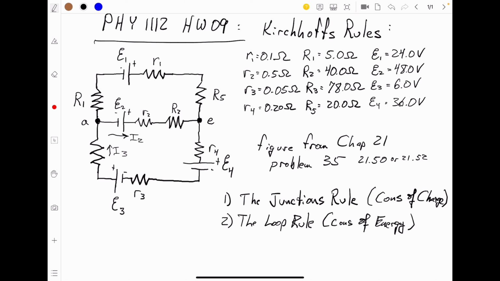So I3, I'll do it in blue here, is going from E to A through those components. And then they have one last current, the only current going through this third wire, and that's I1, going from A to E around the top side of the loop.